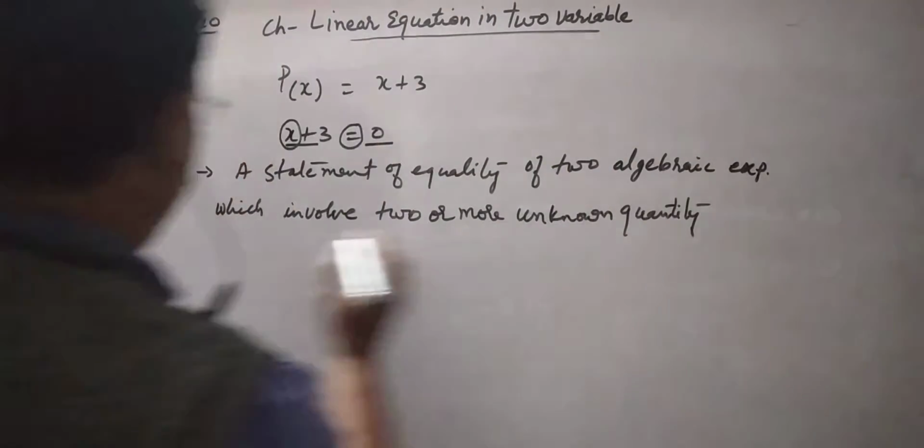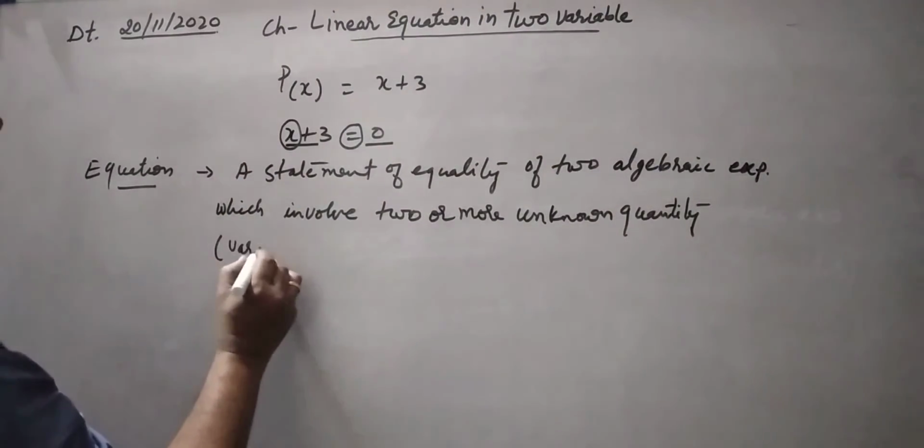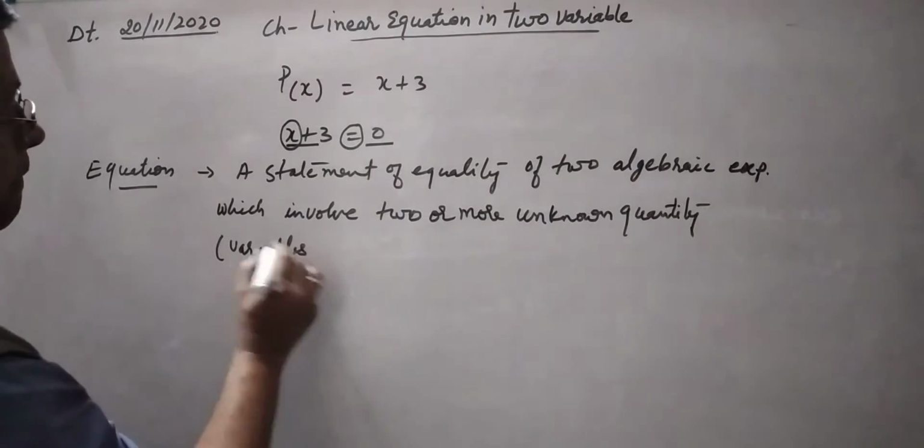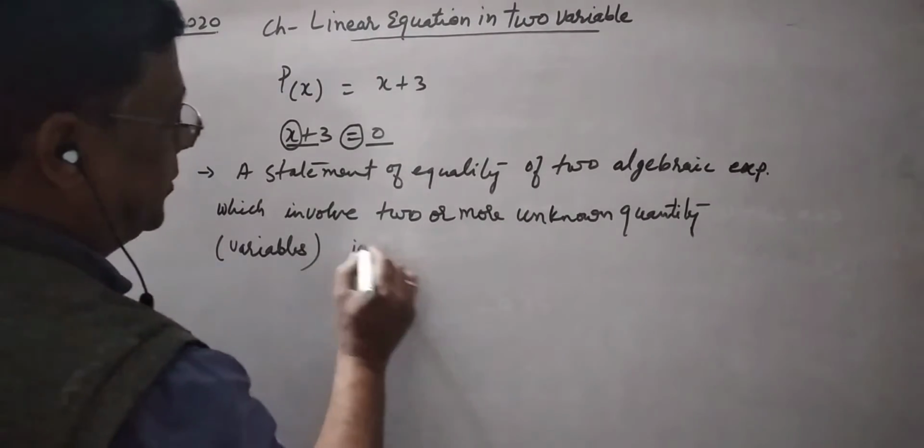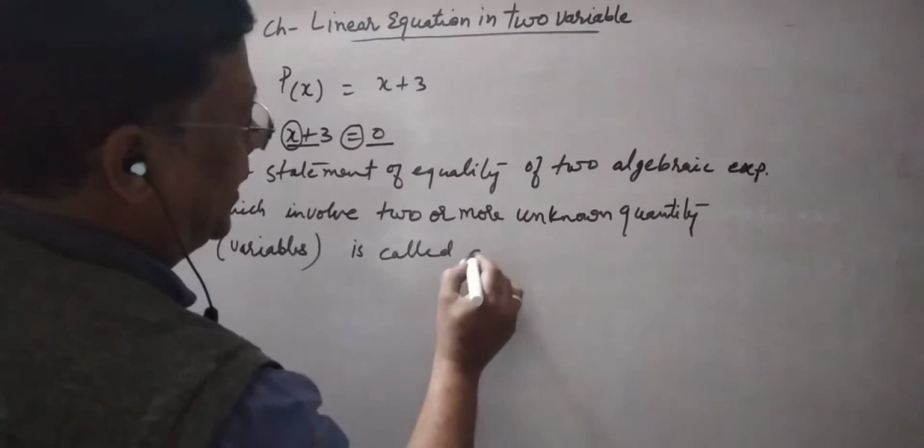These unknown quantities are also known as variables. This is called an equation.